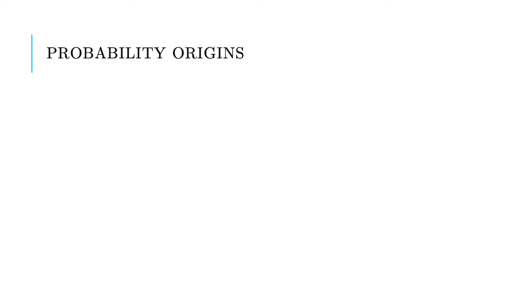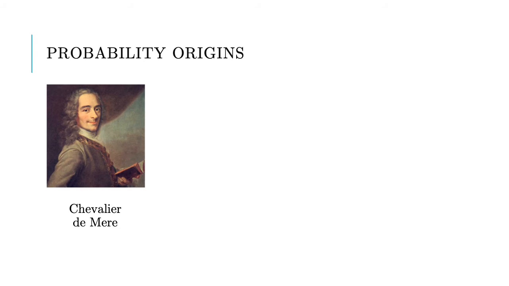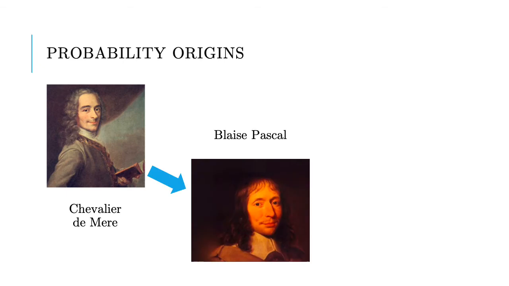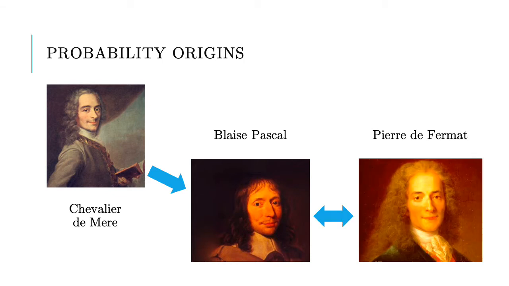So with that in hand, let's move on to the origins of probability, which by some accounts are located in the 17th century and in what are known as the Pascal-Fermat correspondence, which began when a professional gambler, the Chevalier de Méré, approached the famous mathematician Blaise Pascal to help him with certain peculiar problems in games of chance at the gambling table, who then approached Pierre de Fermat in helping him to think through these problems.